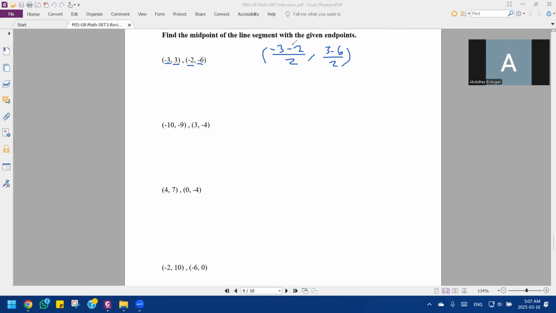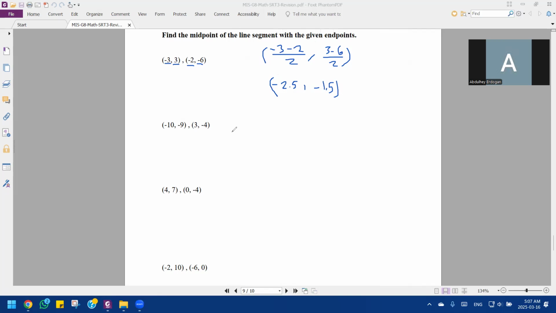This is how it looks like, okay? So x value, comma, y value. Minus 5 over 2, minus 2.5. 3 minus 6 is minus 3 over 2, minus 1.5. So this is the midpoint.